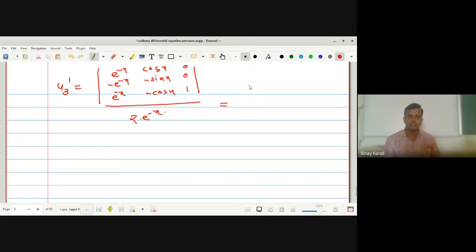Direct kind of things are 1 into minus x minus sin x. Minus minus gets plus e raised to minus x into cos x. 1 e into e raised to minus x, which is equal to, take e raised to minus x common.